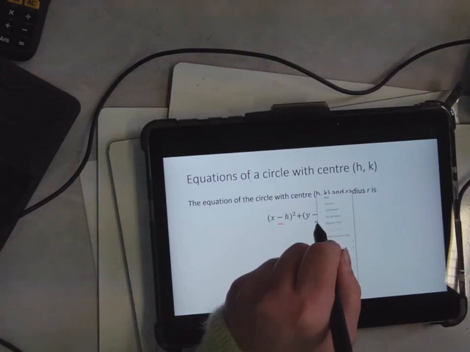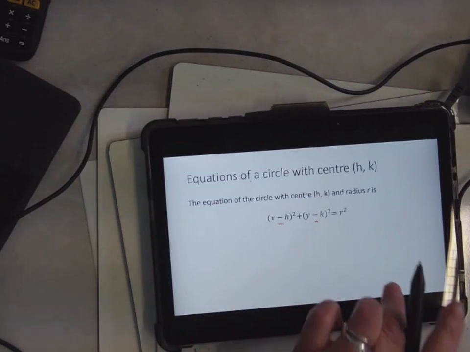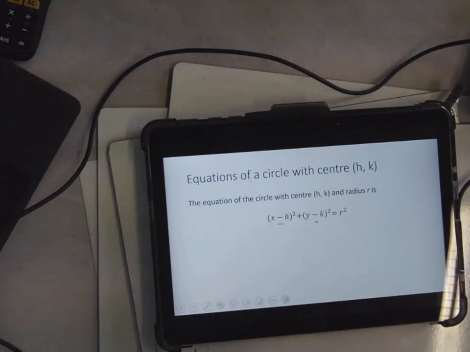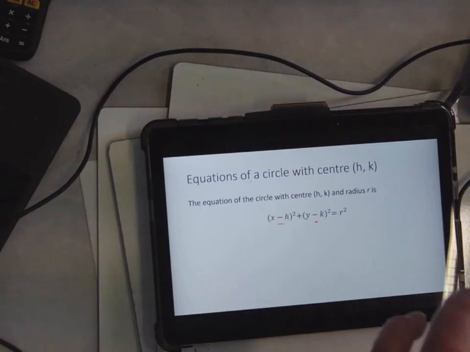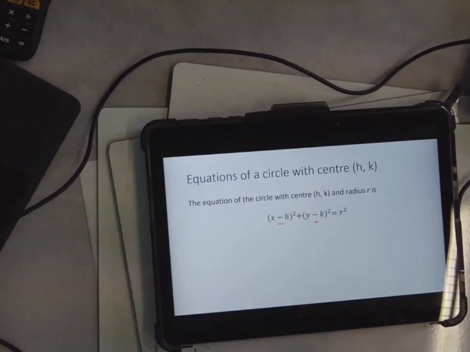So if you're reading your centre from the formula, you have to change the sign of the h and k to get the centre. It's fine filling out the formula, but when you're given the formula looking for the centre, you have to change the signs of h and k.